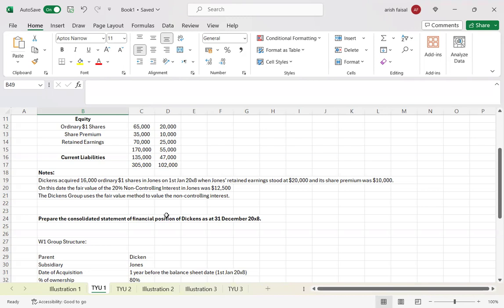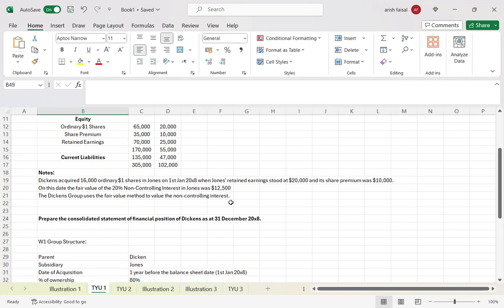So I'm not going to write down only 80 percent of the goodwill, which I would do in the proportionate method. I will also add another 20 percent of the goodwill, which is for the NCI. And that's why we call it the full value method. As per IFRS 3 Business Combinations, you have these two options available for the parent company to write down the goodwill, and the question will specifically mention what their policy is. Here, the Dickens Group uses the fair value method to value the non-controlling interest.